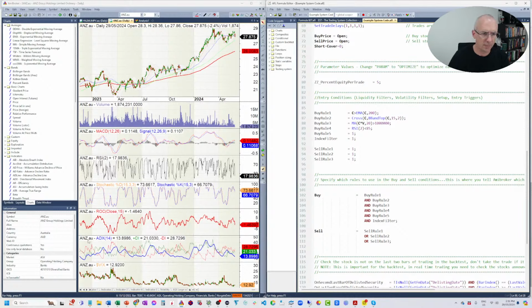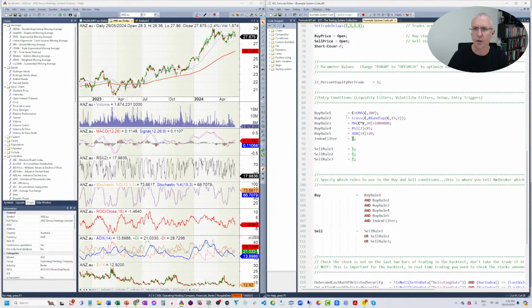And some people might have a rule that says the ADX has to be above a certain value to be considered to be trending significantly. So let's put in a rule that says ADX 14 is greater than some value. Let's call it 20.